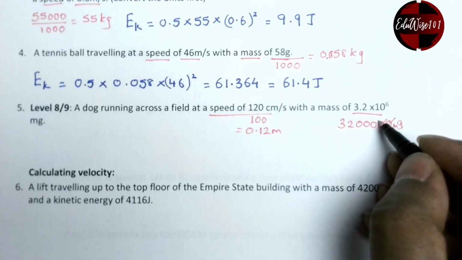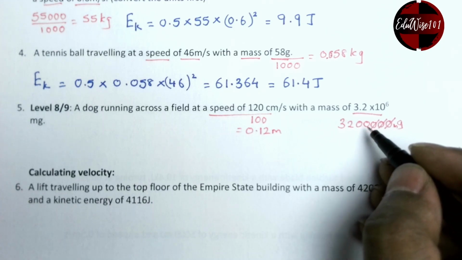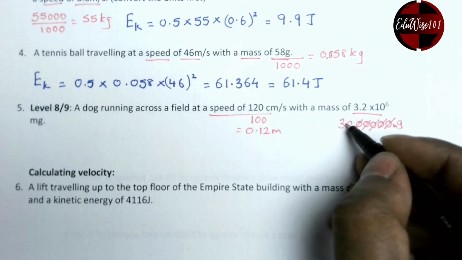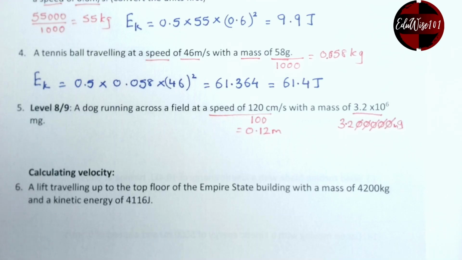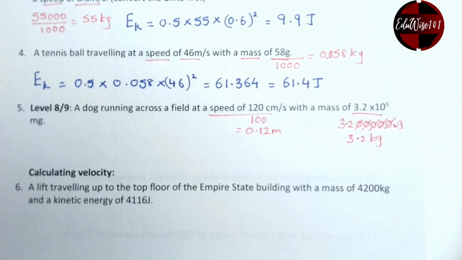That will cancel off 3 of the zeros. And if you divide it by another 1000, cancel off, and the decimal place comes over there. So it's 3.2 kilogram.